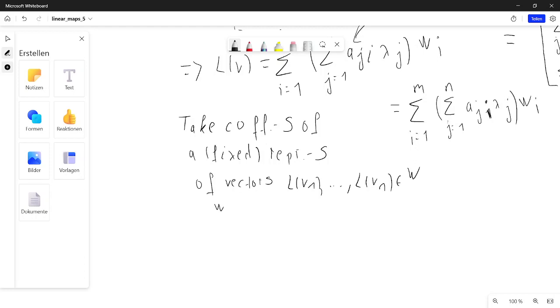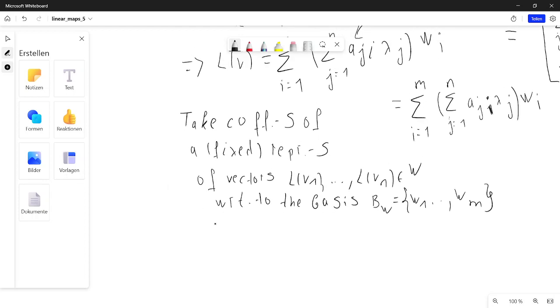With respect to the basis B_W = (w_1, ..., w_m). These representations are just given by the coefficients a, right? Like above.